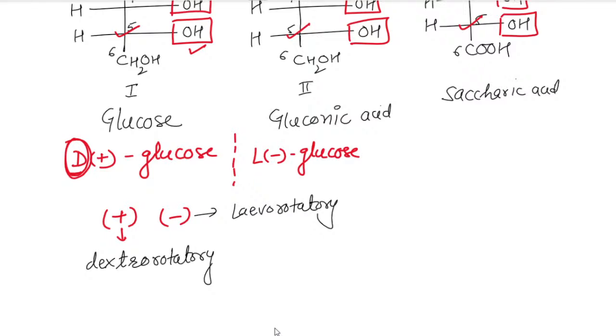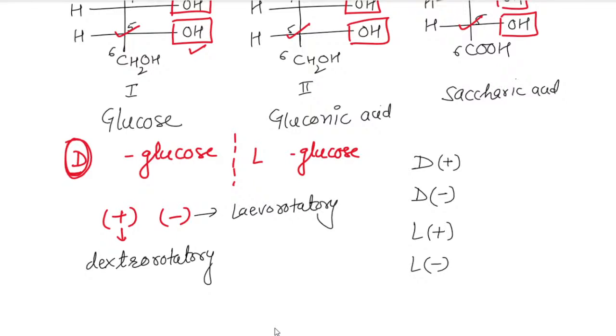But keep in mind this D and L have no relation with the sign of optical rotation. So if a glucose or maybe any carbohydrate has D configuration, it may be D plus or D negative, meaning the configuration is D. So it may be either dextrorotatory or levorotatory and vice versa, like L may be plus or L may be negative. This sign has no relation with D and L.